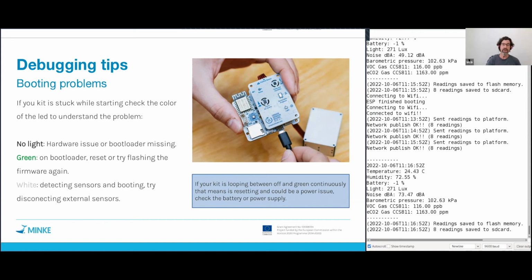You download the firmware from the GitHub repository and you just drag it to your kit after double clicking the reset button. That should fix a kit stuck at green. If that doesn't fix it, then the problem needs more attention and it's a more strange problem. But the most common one is that the firmware was damaged for some reason.